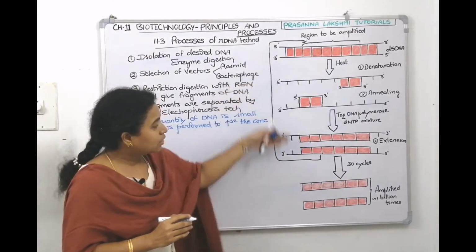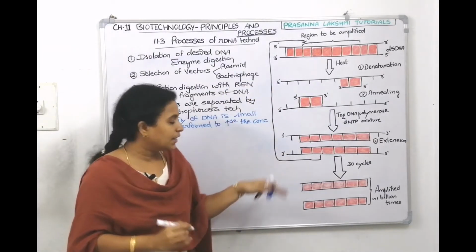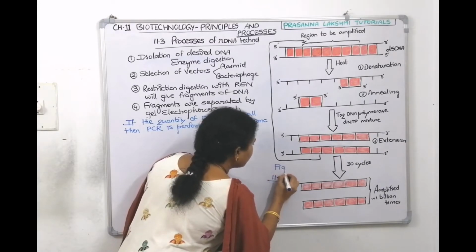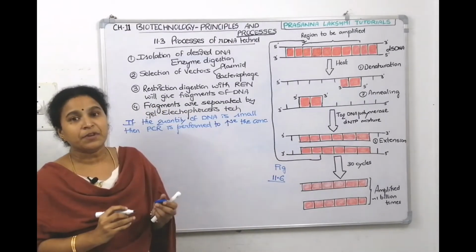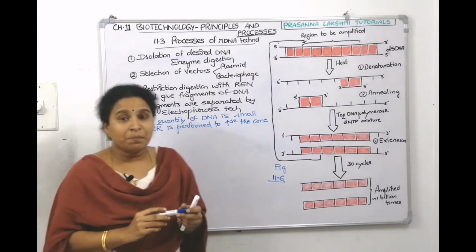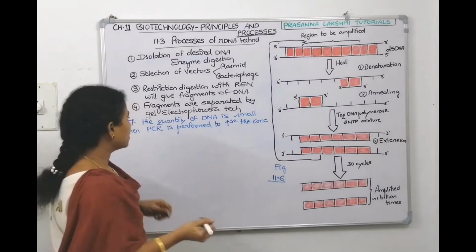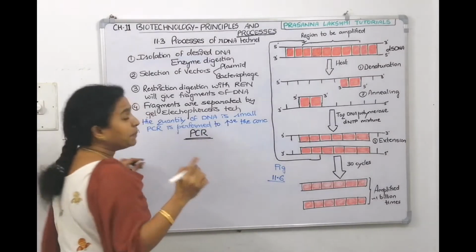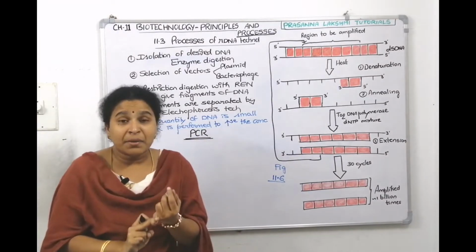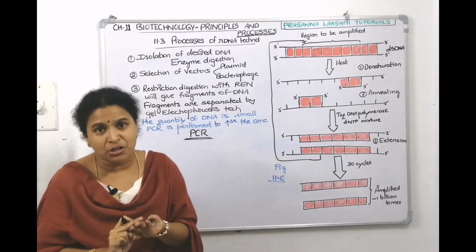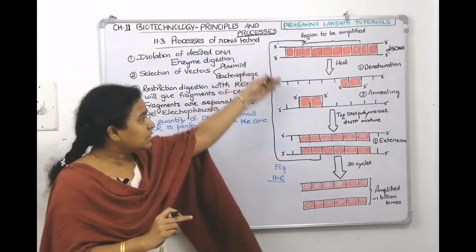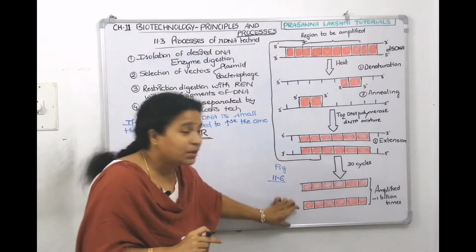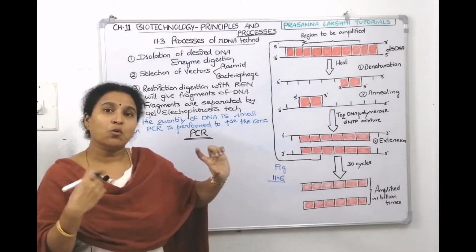Now this is the technique of PCR. It is there in NCERT, figure 11.6, which I took from NCERT. We are going to talk about this technique called PCR. PCR stands for polymerase chain reaction. You started with one DNA molecule, you got two DNA molecules, meaning it got polymerized one time.